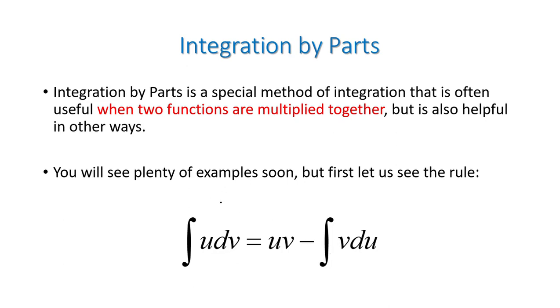Let's say the question gives you integrate of x times exponent of x dx. So one of the functions should be u and one of the functions should be dv.